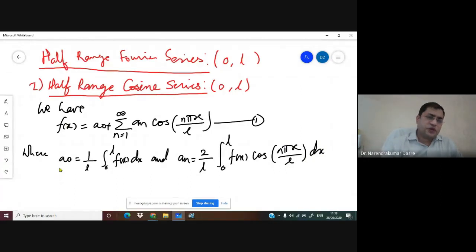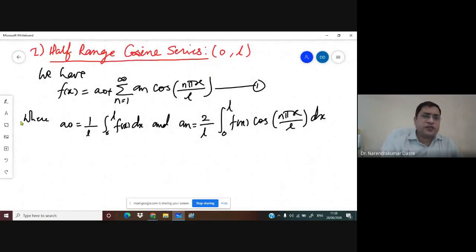This is the formula for the half range cosine series.